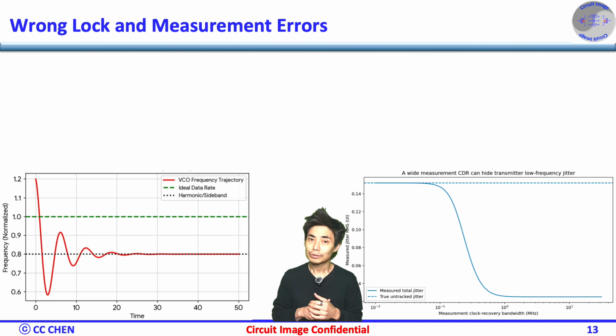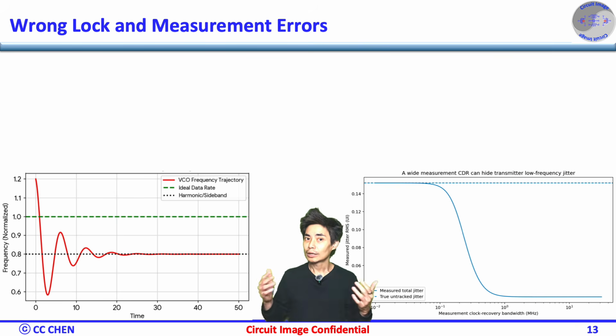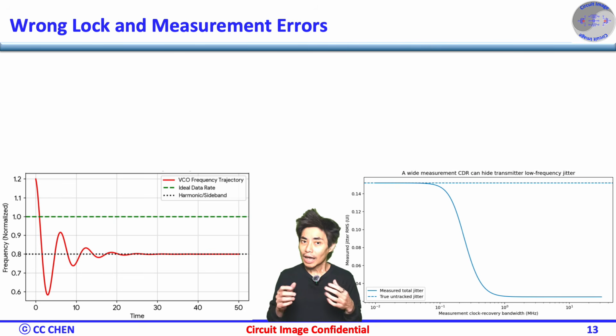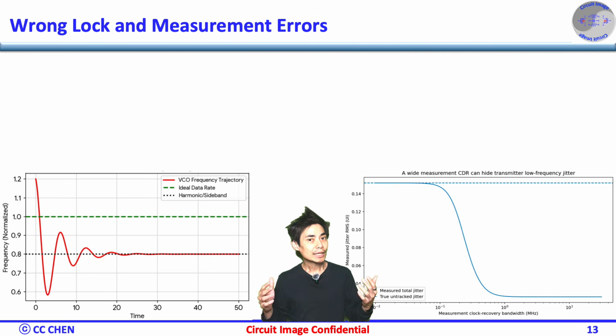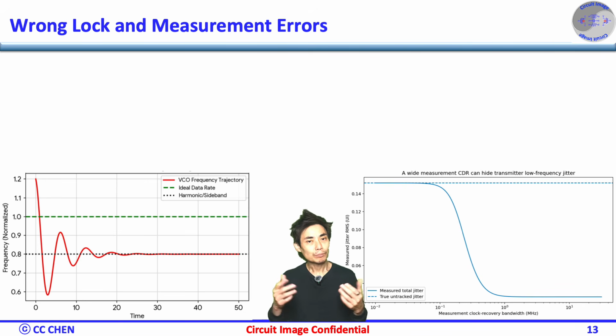There's another subtle issue. Some data patterns have strong spectral lines. Short PRBS patterns or periodic data can create false lock. If the CDR capture range is too wide, it may lock to the wrong spectral component. This can create side locking or harmonic locking problems.